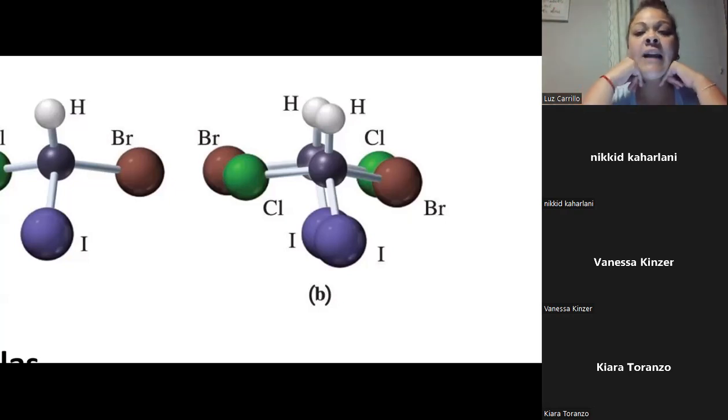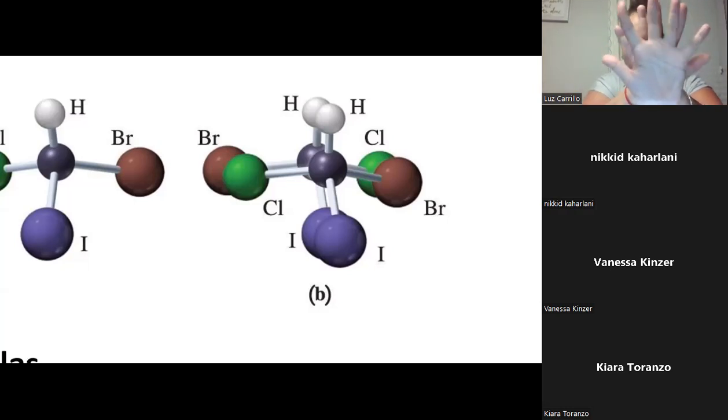Your feet are chiral objects, because that's why we have a left shoe and a right shoe. If you put the right shoe on the left foot and vice versa, you start walking funny, or it feels very uncomfortable. Why? Because these are chiral objects. They're mirror images of each other. They are non-superimposable because they don't line up completely. And chirality is very important in biochemistry. So I just wanted to illustrate that. Chirality is all around us.